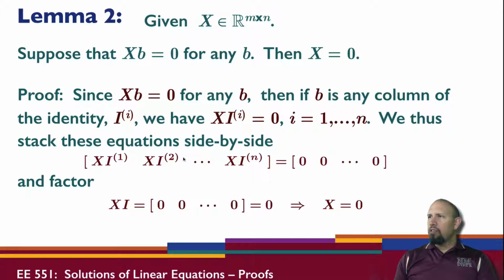Now here I have a matrix, and each of the terms is multiplied on the left by X. I can factor X out of this expression. And when I do, what's left is the identity. So what this is saying is that X times the identity is equal to all this, which is zeros. But X times the identity is just X, and therefore X itself is 0.